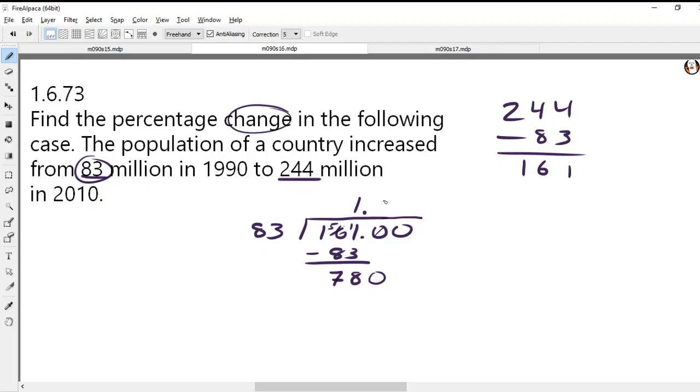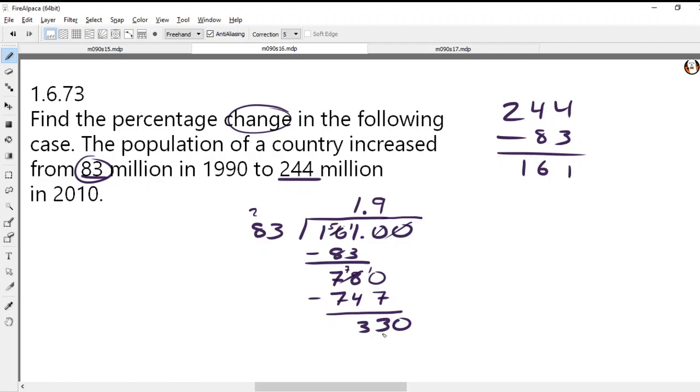Yeah, 9 times 83 is 747. And we subtract to get 33. Okay. Next, we'll bring down that 0.